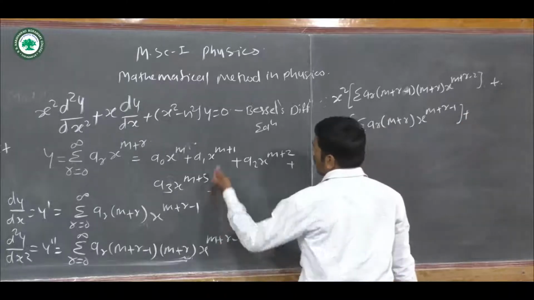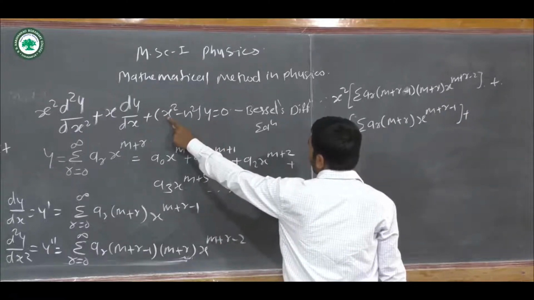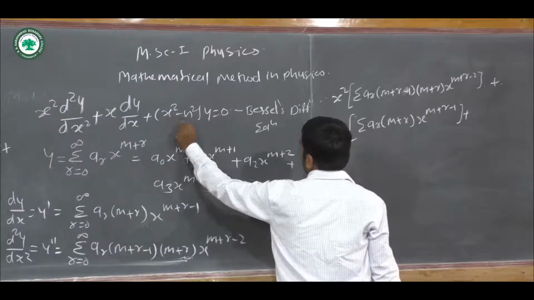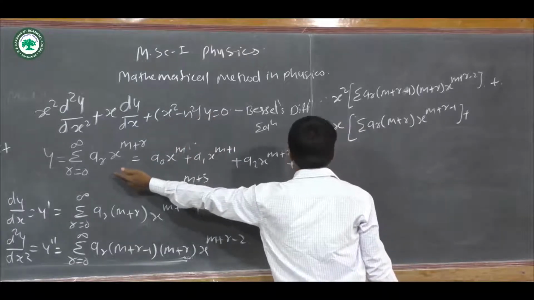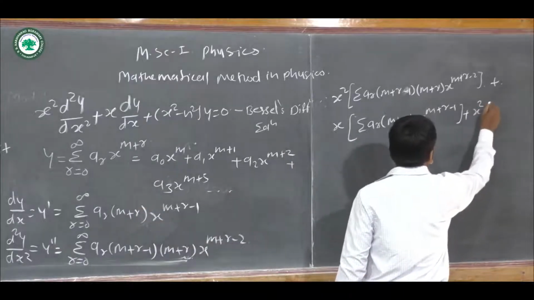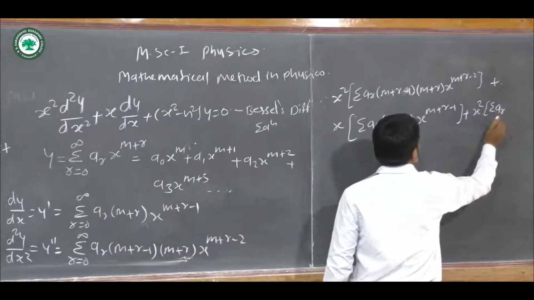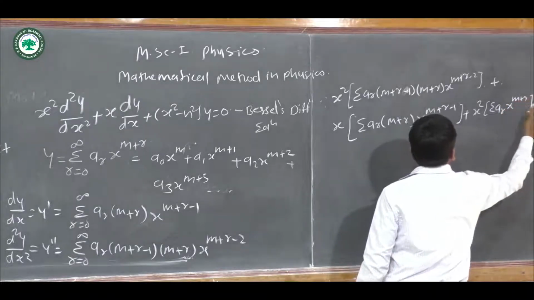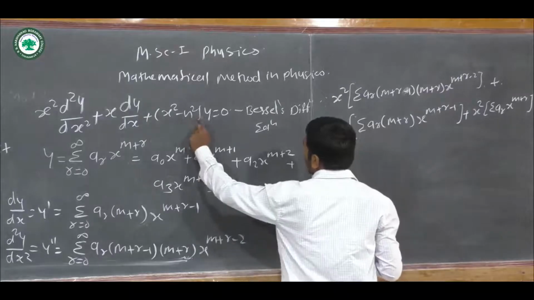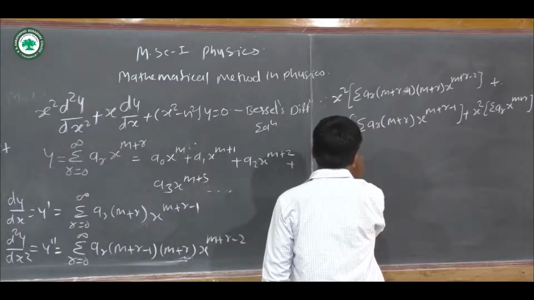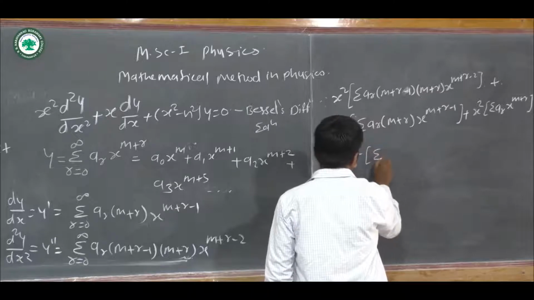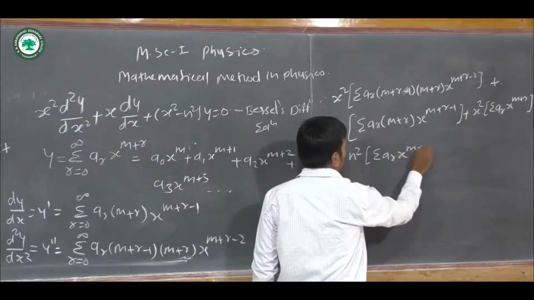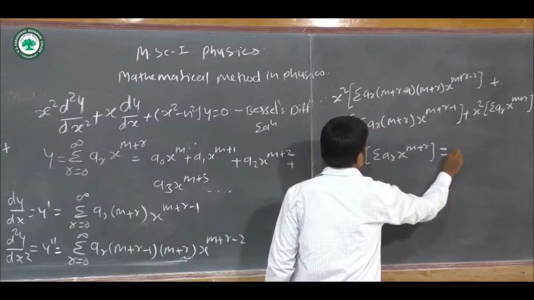Plus, for the next term, x square into y, so for y I write x square summation a_r x power m plus r, and the last term is minus n square into y, so it is minus n square summation a_r x power m plus r is equal to 0.